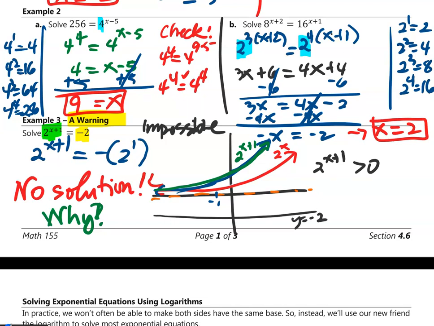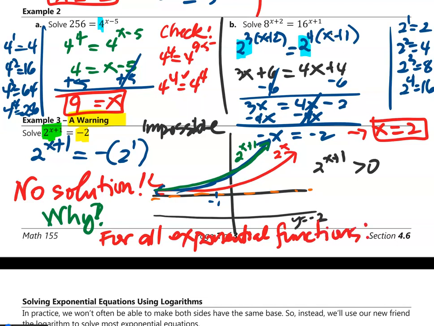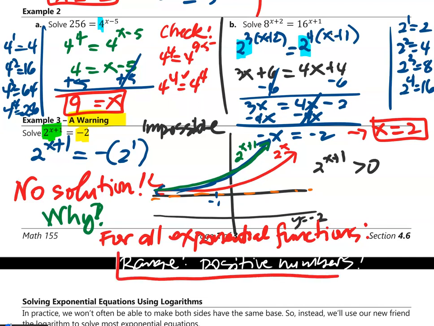And take note of this, that for all exponential functions, we can say that the range is all positive numbers. Okay, so take note of this.